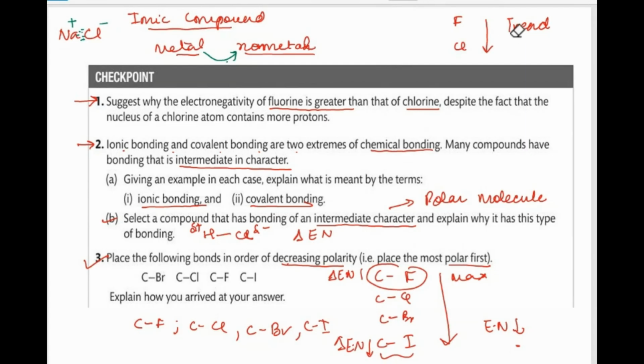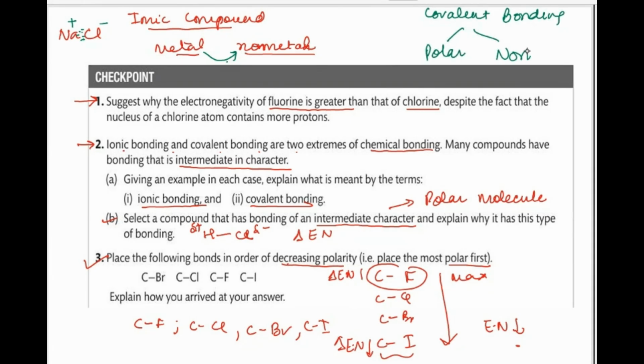Now we have polar and non-polar molecules. They are a part of covalent bonding. Covalent molecules can be polar or non-polar. Basically, covalent is about the sharing of electrons. In ionic, there was a transfer of electrons, right?